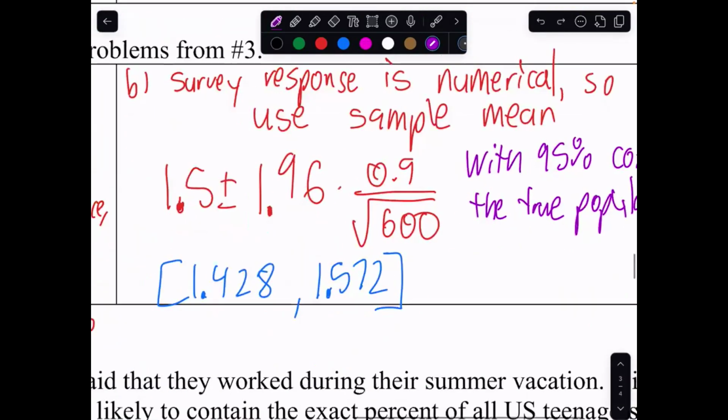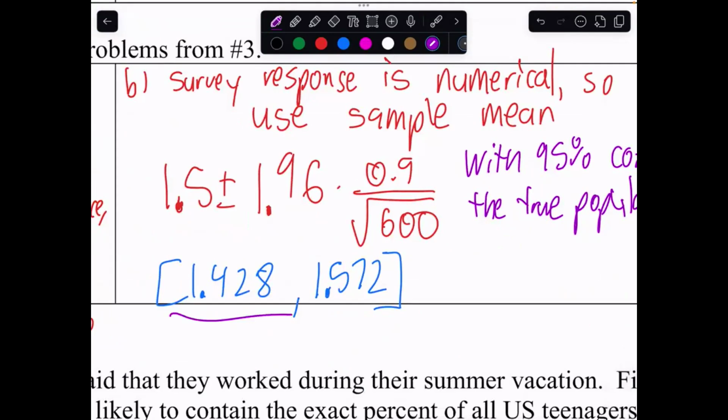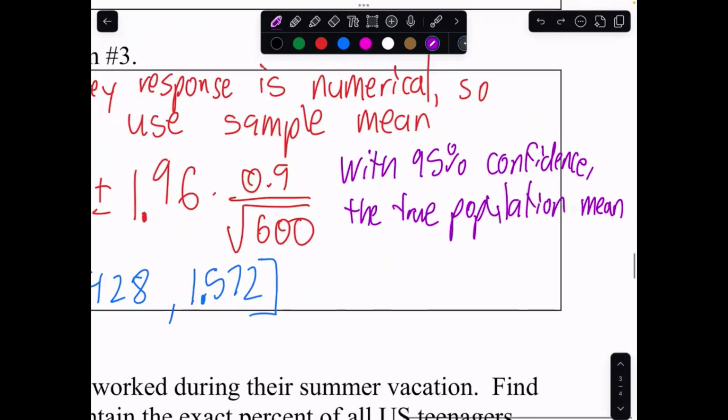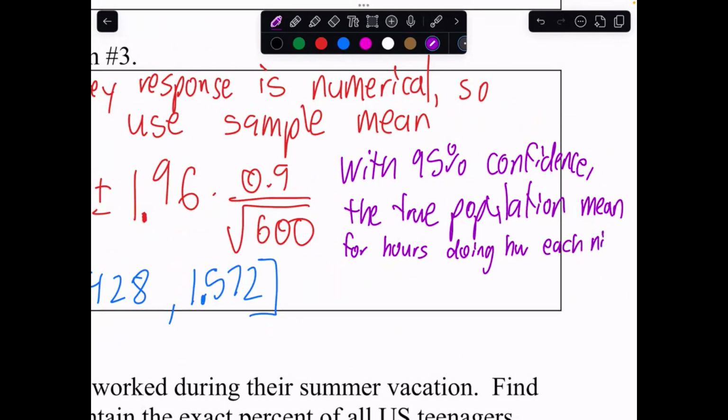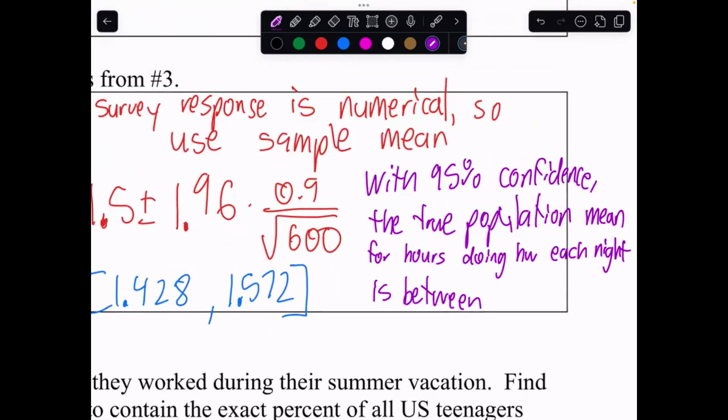So these numbers are hours spent doing homework each night. And it's between the lower bound of 1.428 and the upper bound of 1.572.